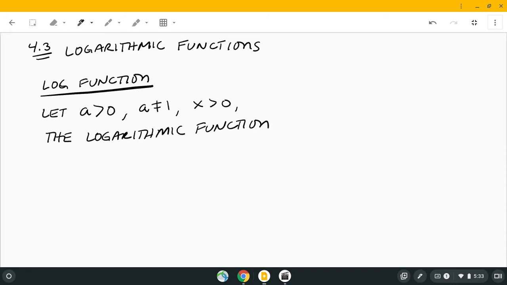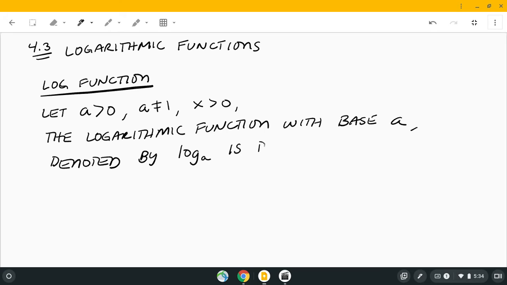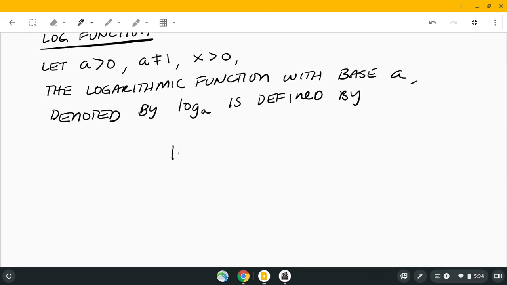The logarithmic function with base a, denoted by, you'll see it written like this, log, and then you'll see a little base there, base a, is defined by log base a of x equals y if and only if a to the y equals x.